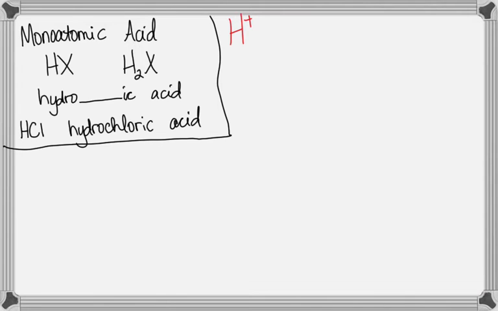The other class of acids might be called polyatomic acids, or acids formed from polyatomic ions, or sometimes they are also referred to as oxoacids. We've talked about this, and I gave y'all last week a list of polyatomic ions.